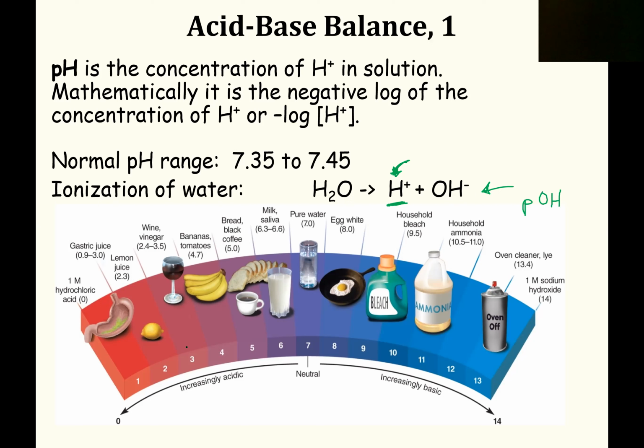Okay, so you have this version of a pH scale, which has the whole scale from 0 to 14, and it gives you various compounds and substances and where they fall on the pH scale.